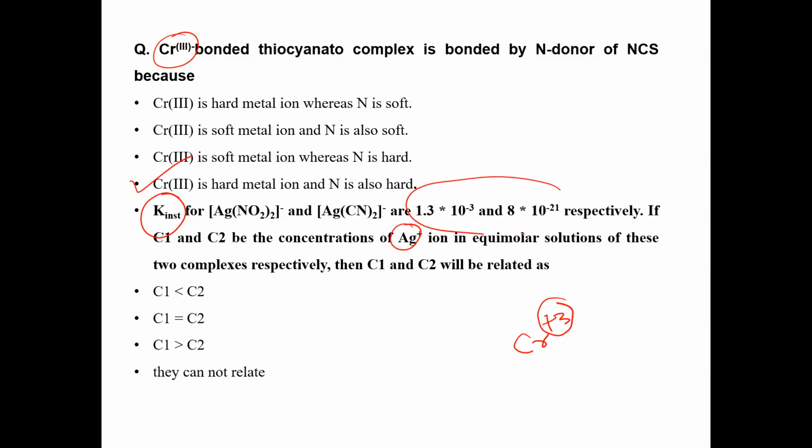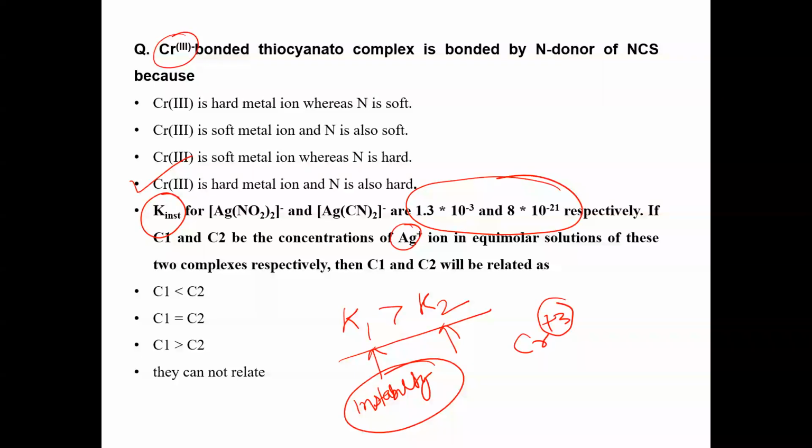From this information, what you can get: if I am having a greater value of K1 and K2, where K is the instability constant.